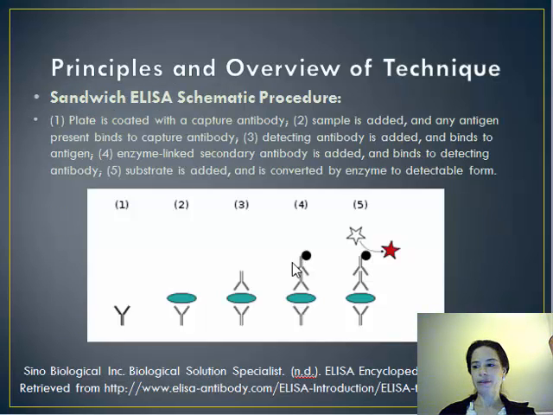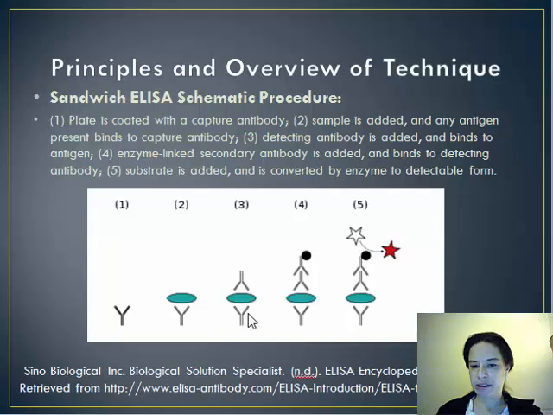So our technique for ELISA is going to involve a 96 well plate format, and you're going to have a plate that's coated with a capture antibody, as illustrated in 1. Then you add your sample, and any antigen that would be present in that sample is going to bind to that capture antibody.